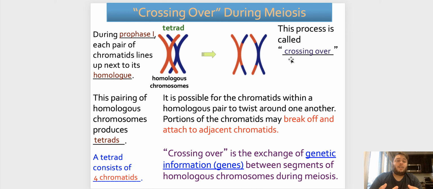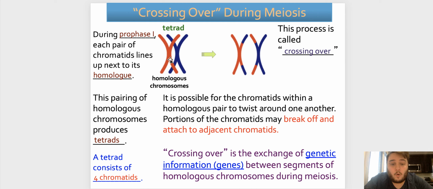This idea of crossing over means that there is an exchange of genetic information between segments of chromosomes during meiosis. This happens during prophase when it lines up next to its homologue. This is how we get the tetrad that we were speaking about before.